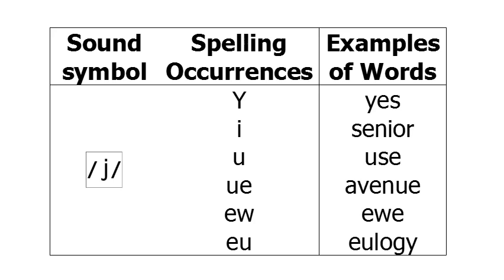So we have examples such as yes, senior, use, avenue, eulogy. This is not related to letter J, even though the symbol looks like letter J, and it can cover many other words, as we can see from the wide range of spellings available.